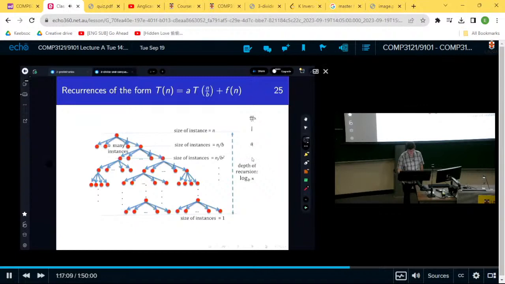Every time we go one level down, the number of instances multiplies by a, right? So a squared instances here, dot dot dot, until we have n instances down there, n instances in the worst case. It could be that the numbers are not nice, and so some levels stop earlier, but at most end at the last level.